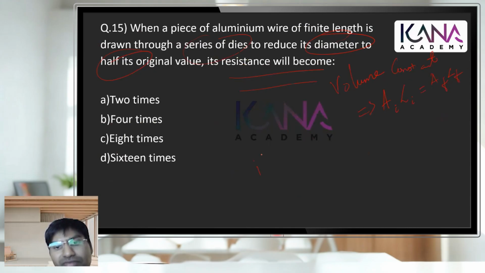If the diameter halves, then the area becomes 1 by 4, because D becomes D by 2, and A becomes A by 4, the square of that, right?